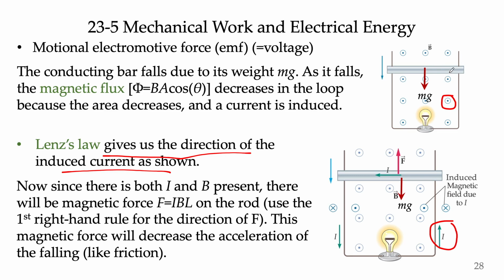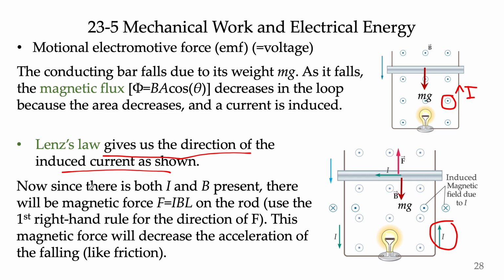So the loop will try to oppose it by increasing the flux with magnetic field out of the page. Okay, so to be able to get increasing flux, or induced magnetic field lines inside the loop out of the page, you have to have the current in this direction. Use the second right-hand rule, and you can find the direction of the current.